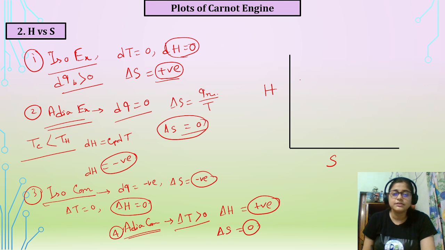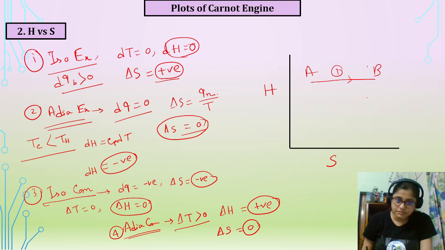Okay. First, A step, one step. Delta H is 0, delta S is positive. Means this can be, fine. Now in the next step, this is 1, A to B. This will be parallel to x-axis. Okay. Now B to C. Delta S is 0, means it will not change, it will be parallel to y-axis, and delta H, what about delta H?